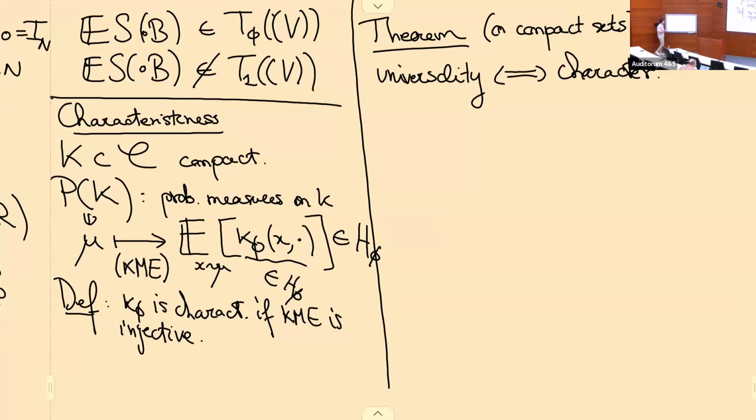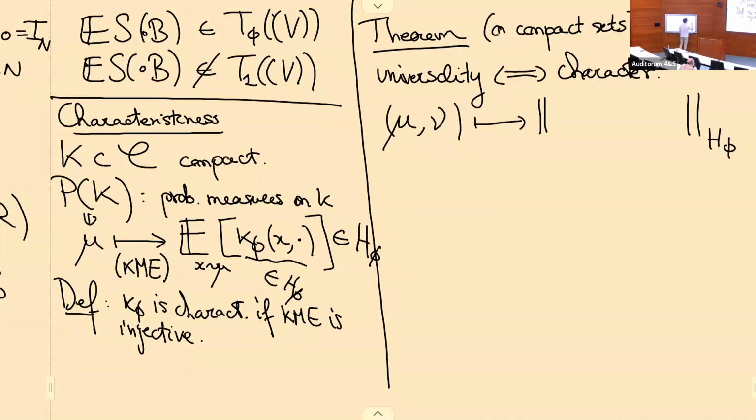Okay, so that's good. So then what do we do with this in practice? Once you have an injective embedding, what you can do, for example, is that if I give you two probability measures, mu and nu, you can map them to the difference in RKHS norm between their two kernel mean embeddings.